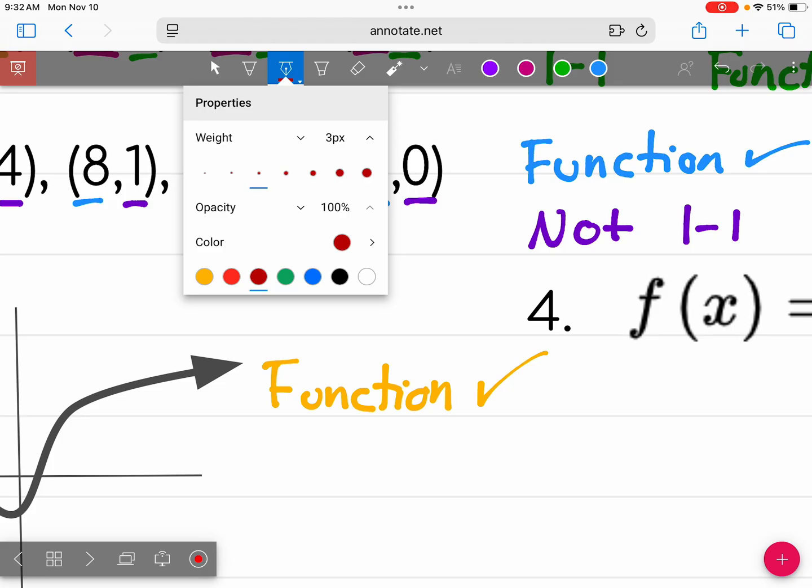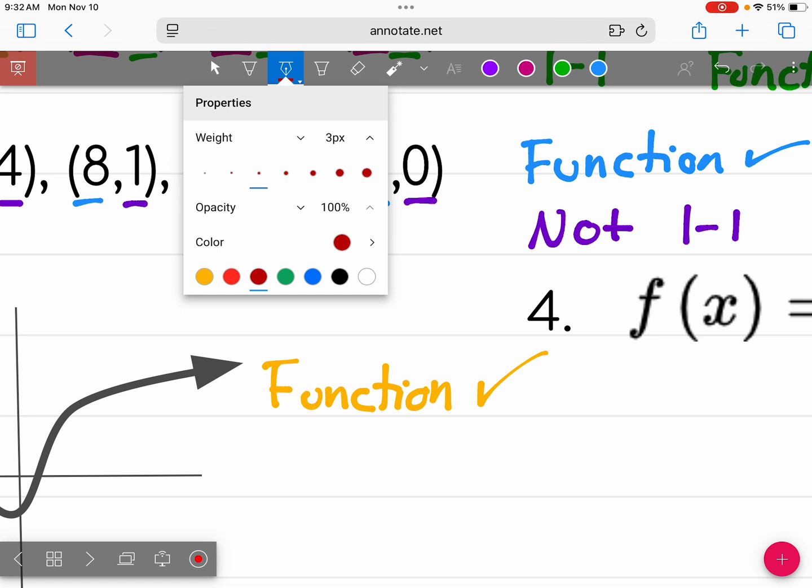No. I mean, it does down here, but once we hit our function, it is crazy. As soon as we get to our function, we're instantly crossing our horizontal line more than one time. Cross this twice here, cross this twice here. Even if I come up here, it's still going to cross twice.